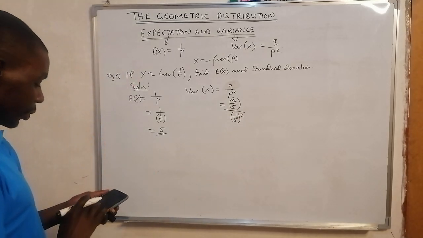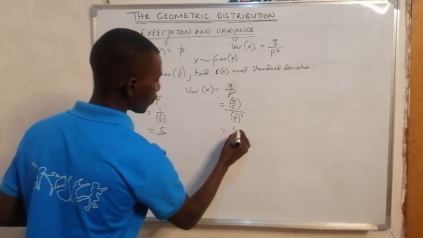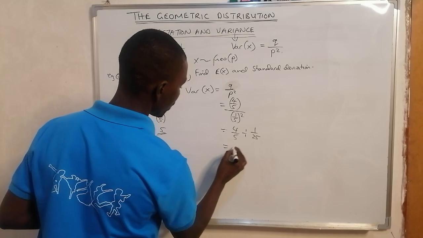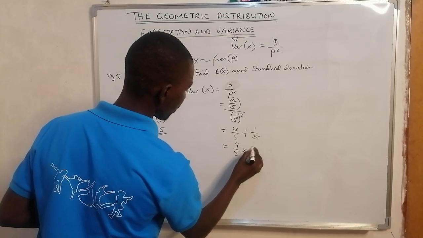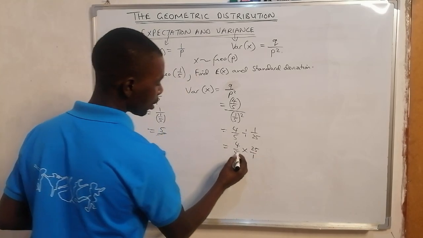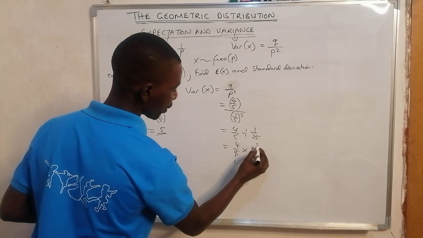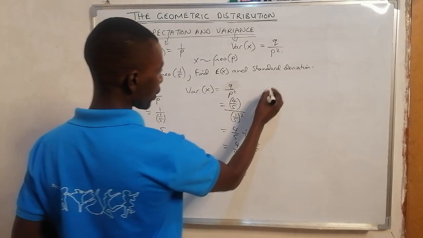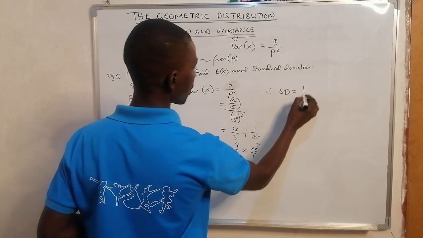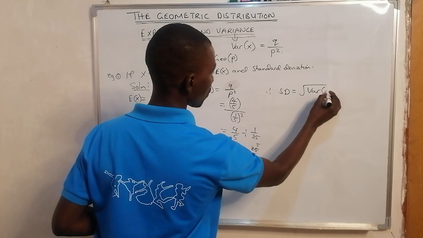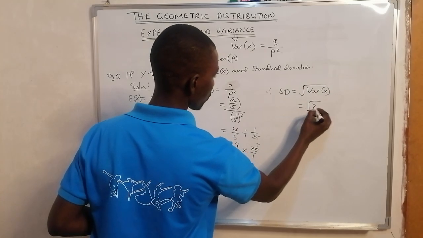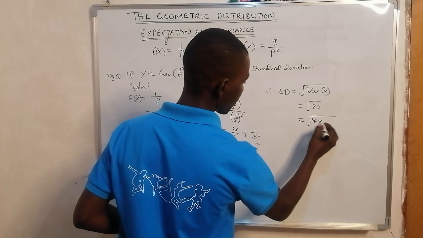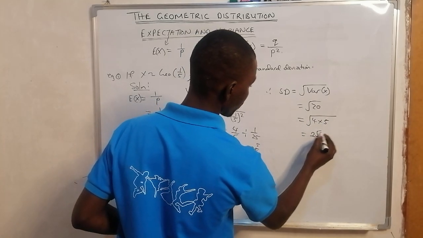Now we have 4 over 5 divided by 1 over 25, which is 4 over 5 times 25 over 1. Then 5 into 25 is 5, which will be 20. So our standard deviation is equal to root of variance of x, which is square root of 20. Then square root of 20 is the same as square root of 4 times 5, which is 2 root 5.